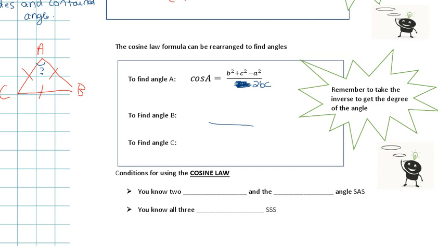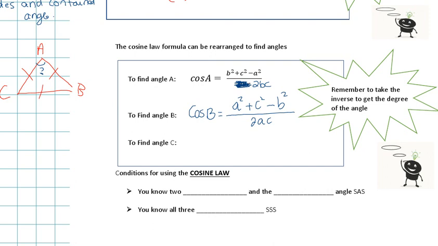Okay, what would the formula be if I'm looking for angle B? A squared. Good. So remember the last letter right here is going to correspond to the angle.